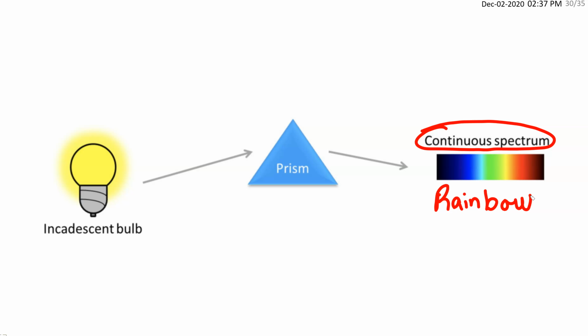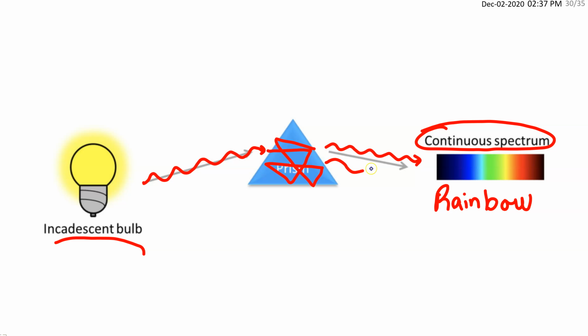So the way it works is we have some sort of light, and those light waves travel through a prism. They bounce around a whole lot and come out in different wavelengths than they went in. So light is made up of a mixture of wavelengths.